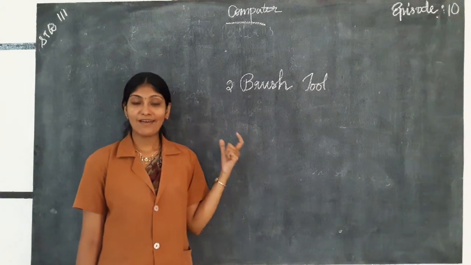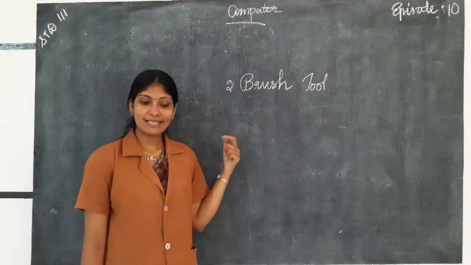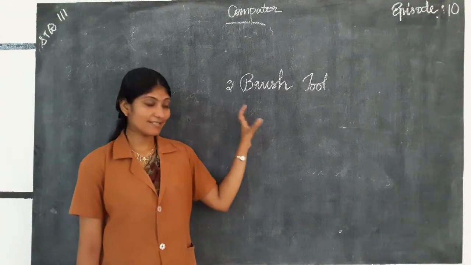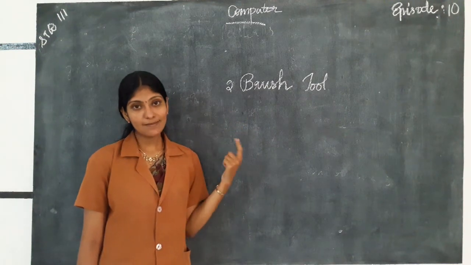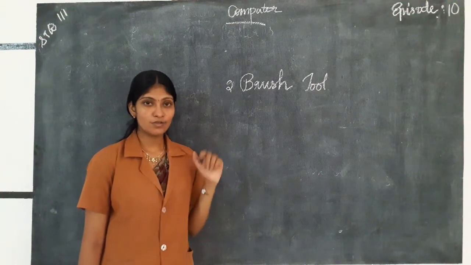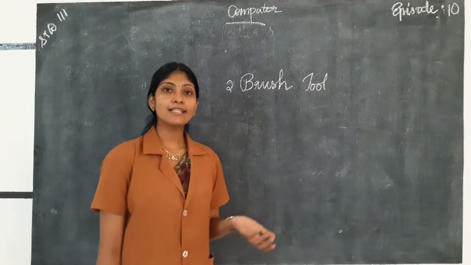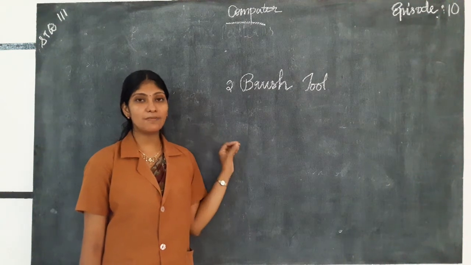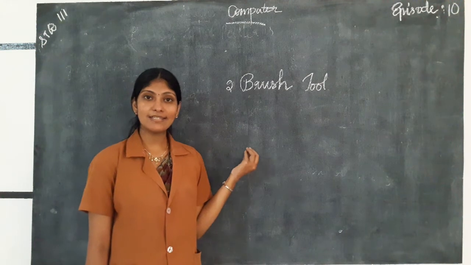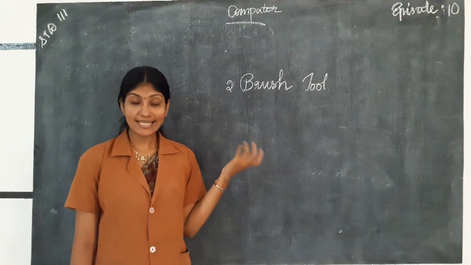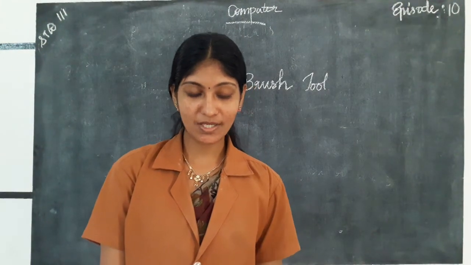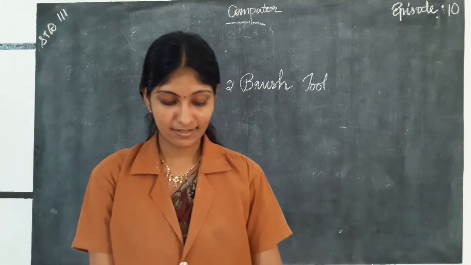The brush tool contains different types of brushes, which can be used to draw lines or color the picture. Each brush has its own style and appearance, so by using different brushes you can have different effects.